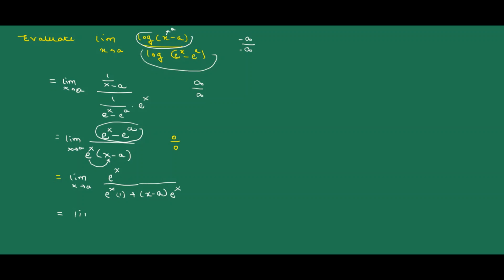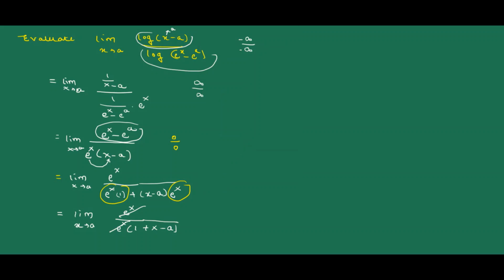So here I will take e raised to x common in denominator. So numerator e raised to x as it is. In denominator you can take this e raised to x and this e raised to x common. If you take e raised to x common in denominator, we are left with 1 plus x minus a, where this e raised to x and e raised to x get cancelled.